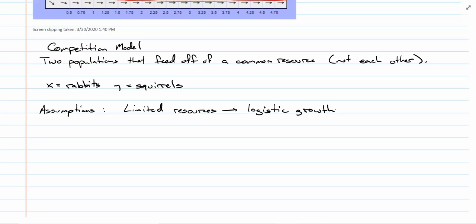But then we're going to have a competition term, x times y, which is a lot like the interaction term for the predator-prey model. Basically, the bigger x times y gets, the more competition there is, and that's bad for both populations.